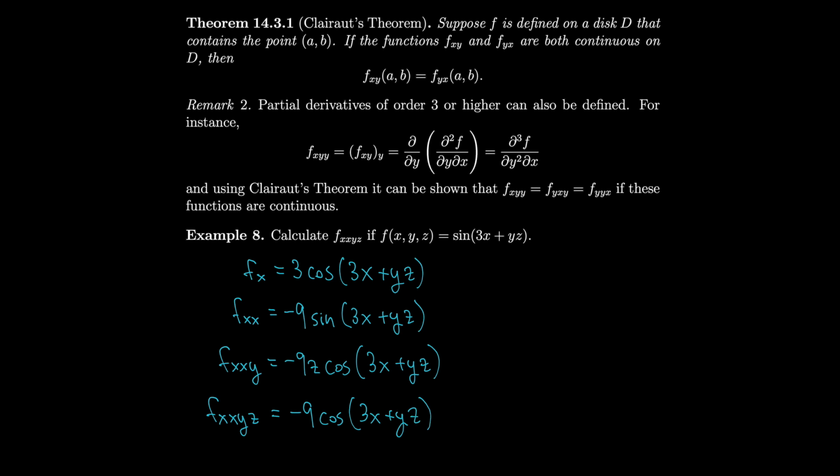And now I'll leave my minus 9z, and then I'll take the derivative of this with respect to z. So the y hops out as it did before, and we get minus sine, so the minus cancels, and we just get plus. So I'll have plus 9yz times the sine of 3x plus yz.